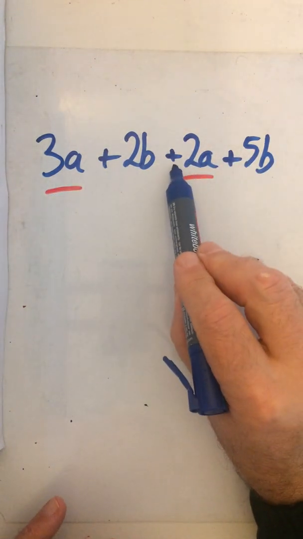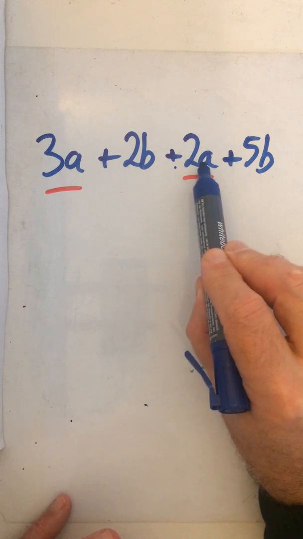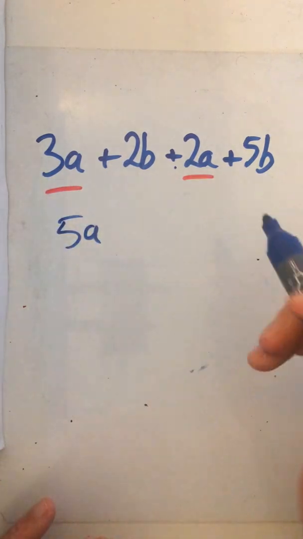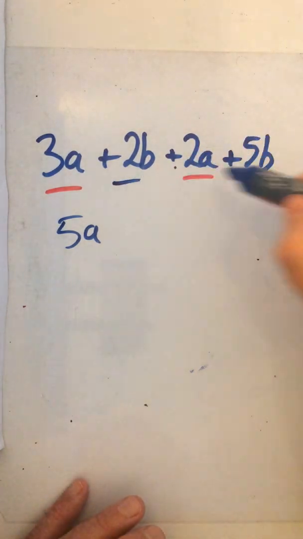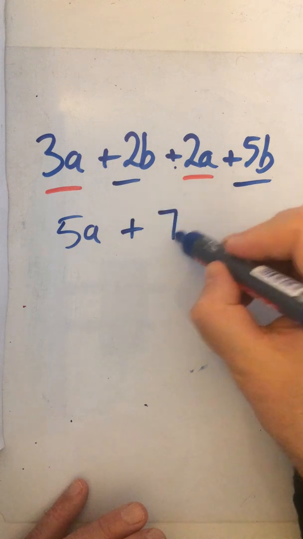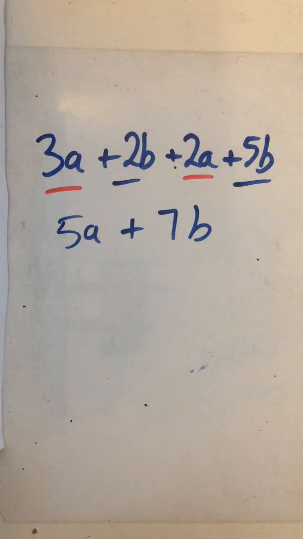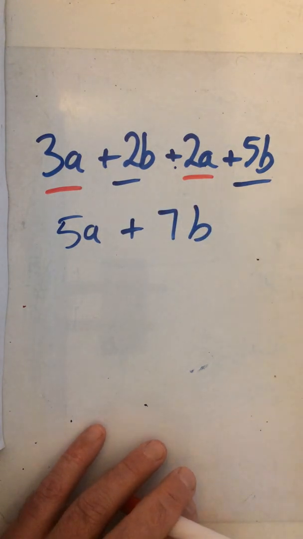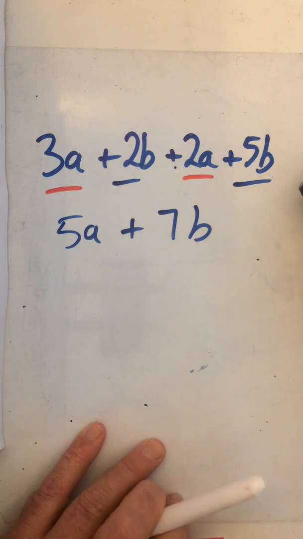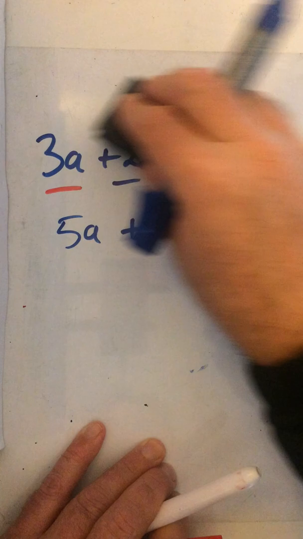So 3a and 2a is 5a, and then we've got a positive 2b and a positive 5b, which will give me a positive 7b. I know we're going back a little bit on this, but I want us to make sure we have this all sorted before we move on. So that would be the answer to that one.